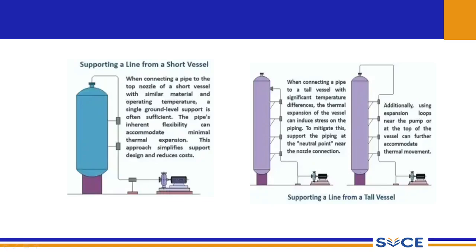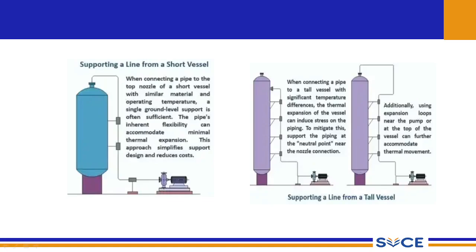So we have to look at only the loads that may be induced on this vertical section of the pipeline. As we discussed in previous slides, we have to provide the support as close as possible to where the pipeline is changing its direction.